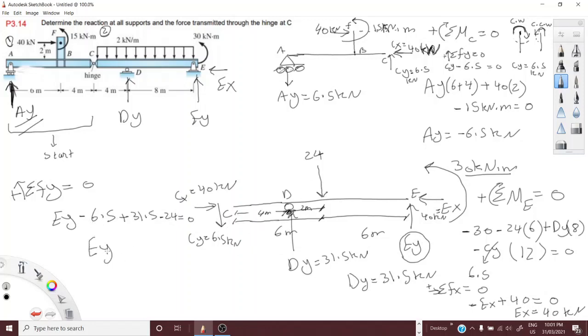Therefore Ey is equal to minus 6.5 plus 31.5 minus 24, which is minus 1 kilonewton. We need to change it: Ey is 1 kilonewton downward.